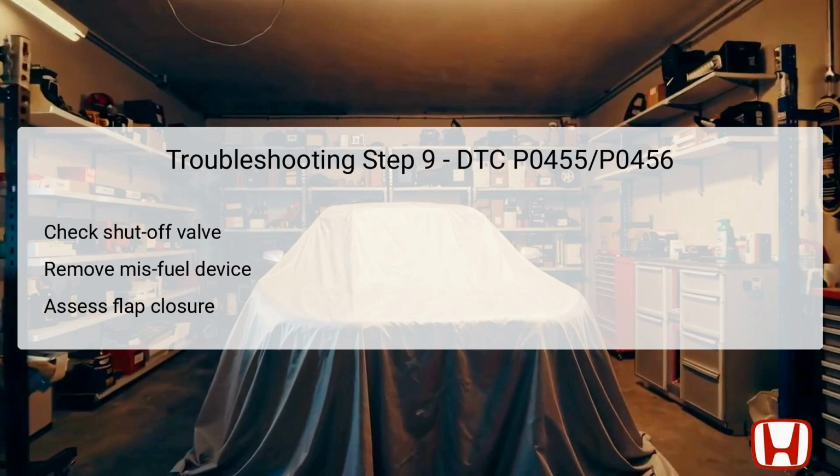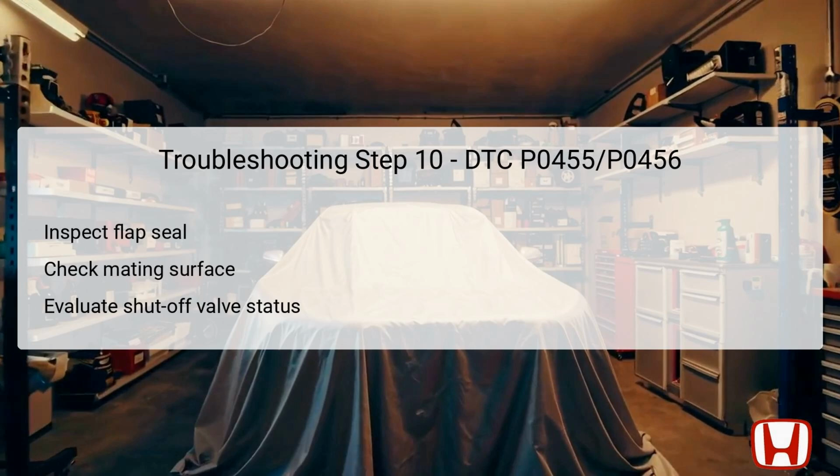and prevent fuel spills. In the final troubleshooting step, the focus is on the flap seal of the shutoff valve and the mating surfaces. A compromised seal could allow fuel vapors to escape, leading to issues that would trigger the DTC codes being investigated.